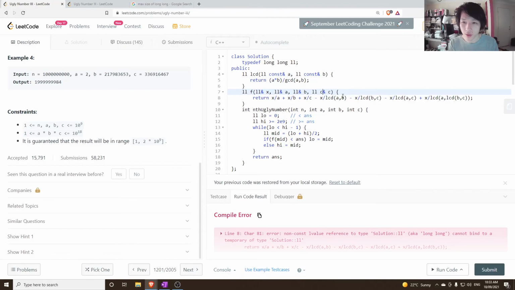No, this is east const. Sorry, yeah, I like doing east const. Because this is returning some number that's a temporary value. It's an rvalue. It doesn't have an actual location on the stack.